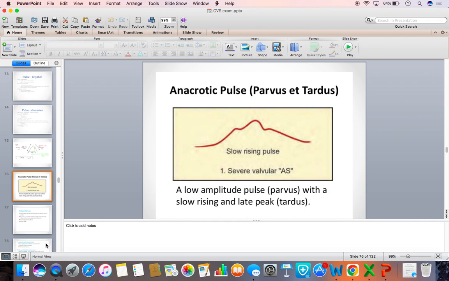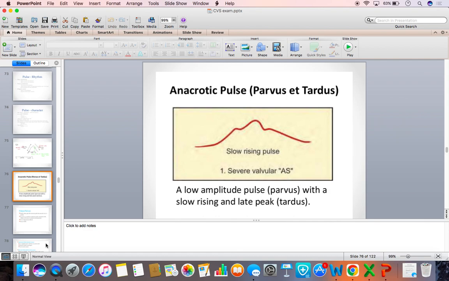There are various pulse tracings with a description of anacrotic pulse, pulsus tardus. This is a low spiking pulse wave, a slow amplitude pulse with slow rising and late peak, indicative of aortic stenosis.